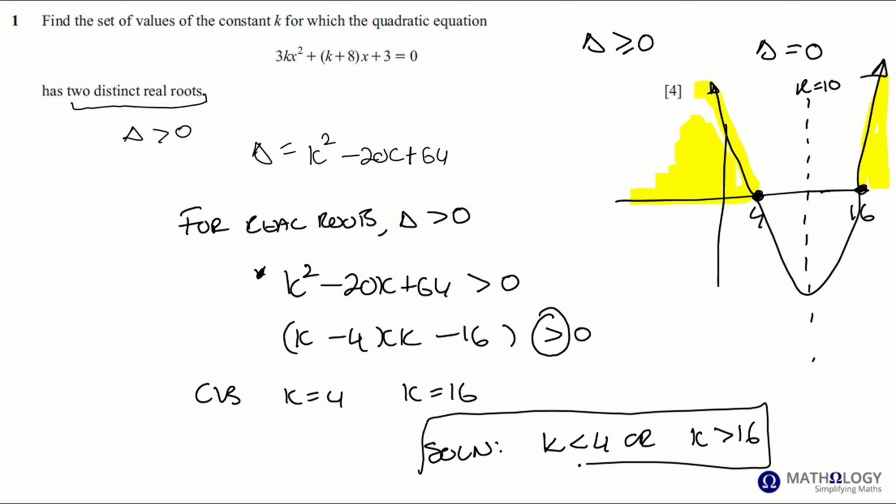And for those values of k, if k is less than 4 or k is greater than 16, then this quadratic equation will always have two distinct real roots. We can test it by actually sketching quadratic functions with these values of k to illustrate that you always have two distinct real roots.